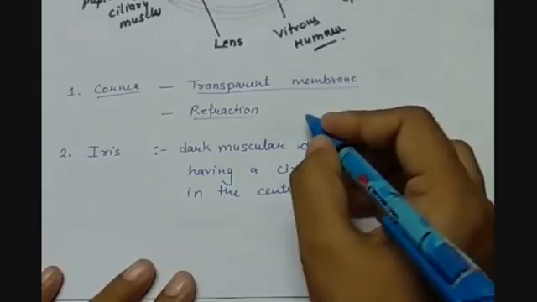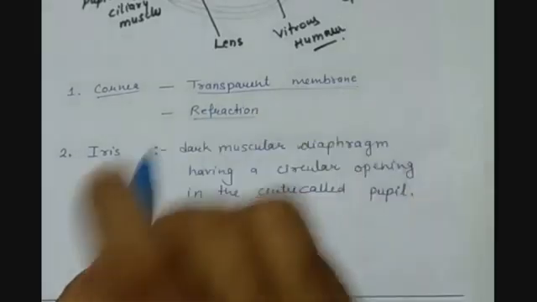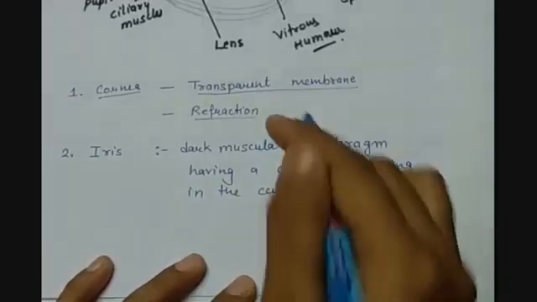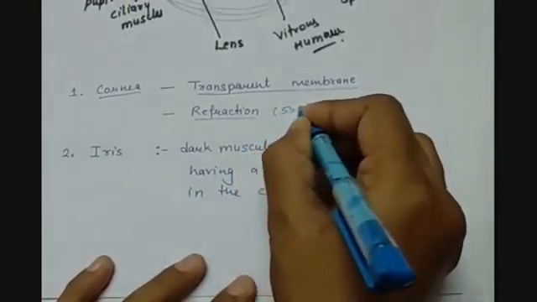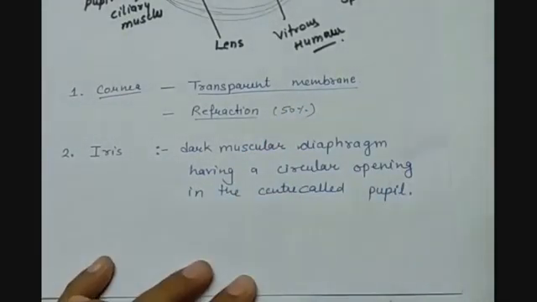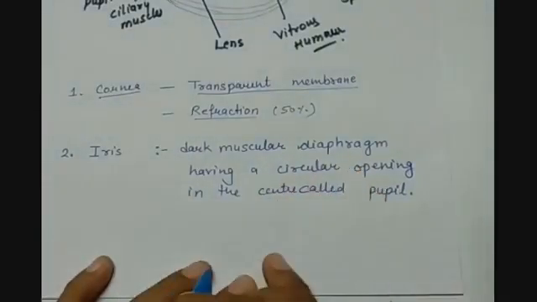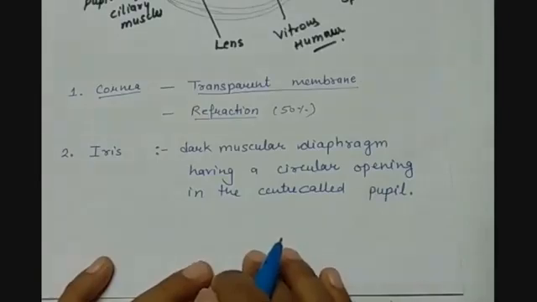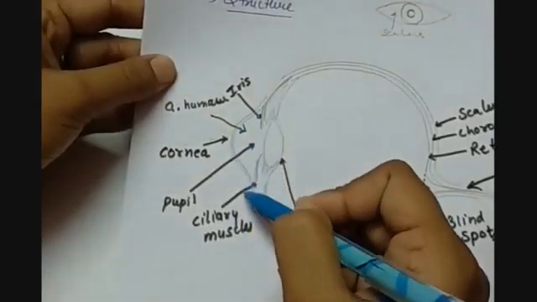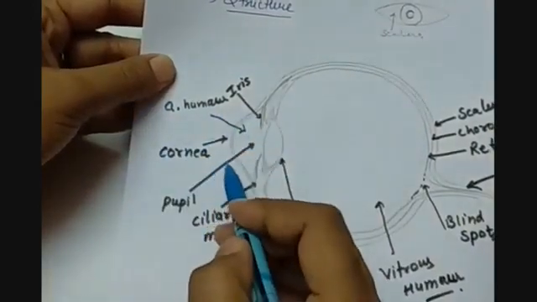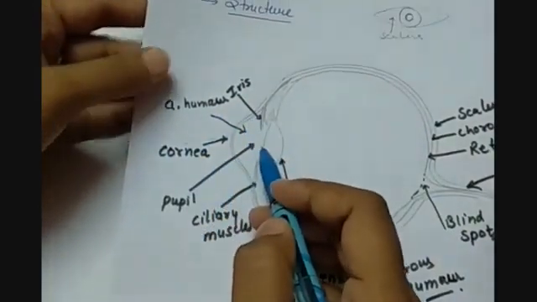So the most of the refraction, about 50% of light entering through the eye, gets refracted or converged here itself. As you can see here that this is the bulging out portion, so whatever light will come to it, it will converge and will go to the eye.